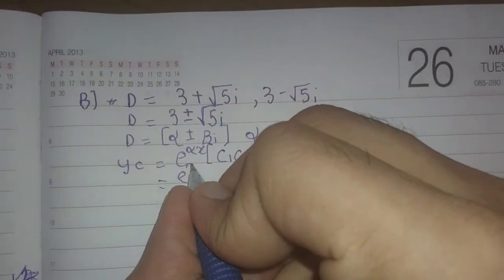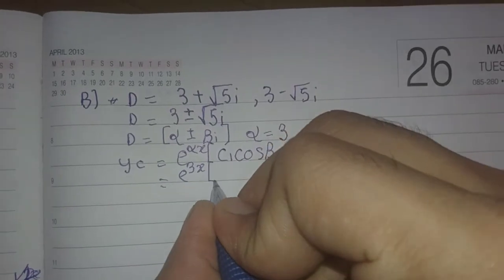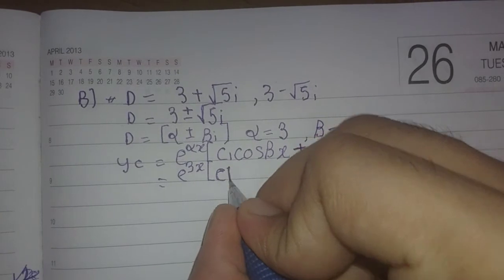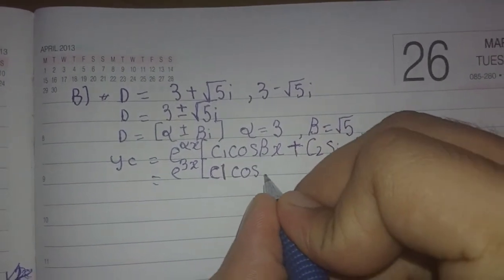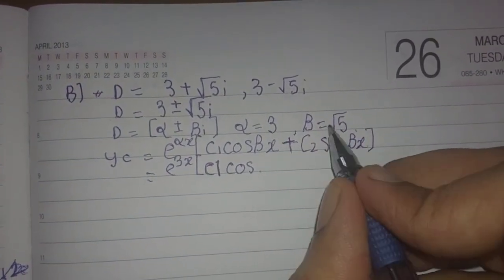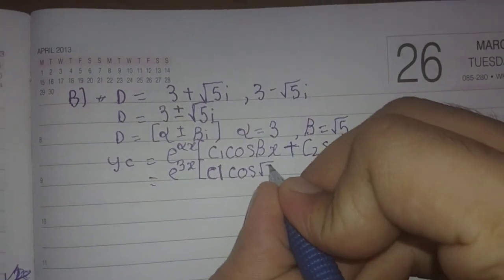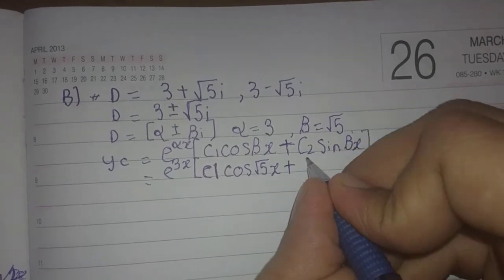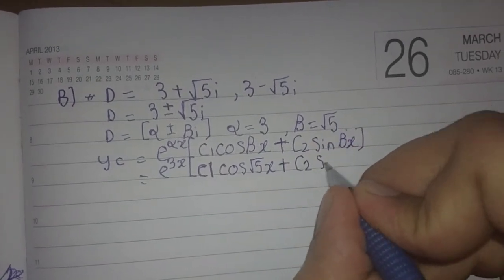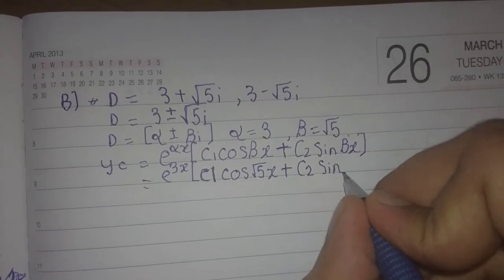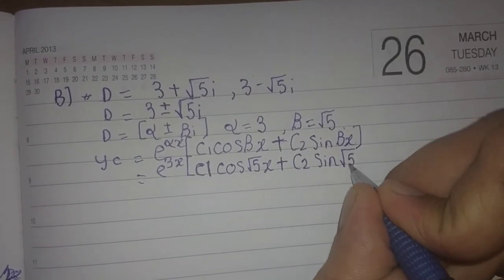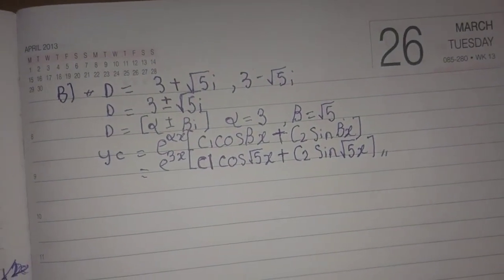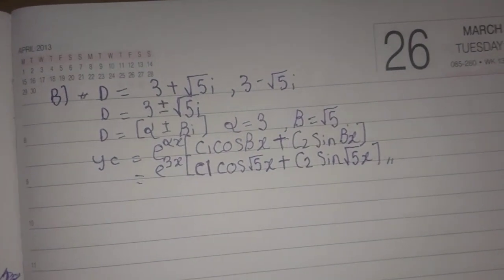It is 3. e raised to 3x bracket c1 cos, what is the value of beta? Root 5 x plus c2 sin root 5 x. This is the final answer because further there is no evaluation.